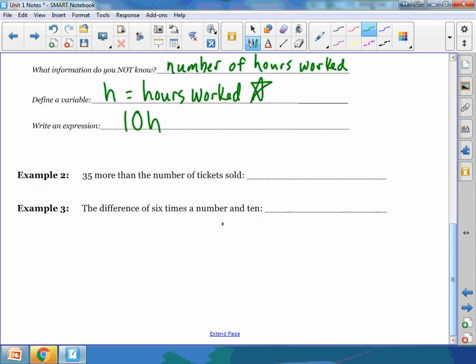So what about down here? $35 more than the number of tickets sold. How are we going to write an algebraic expression for that? Hayden, go ahead.